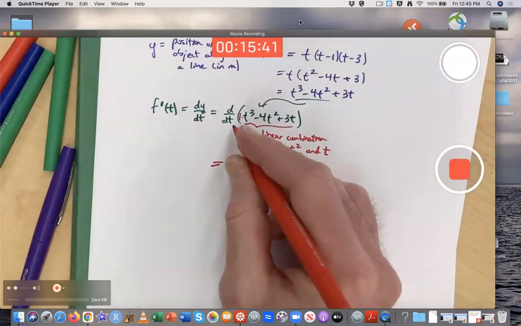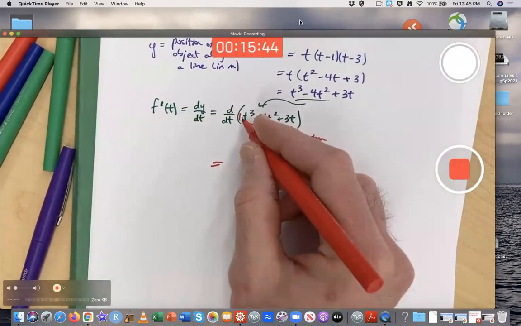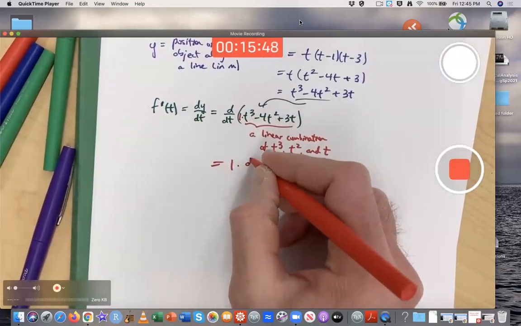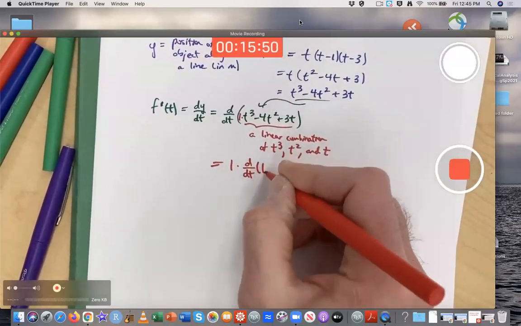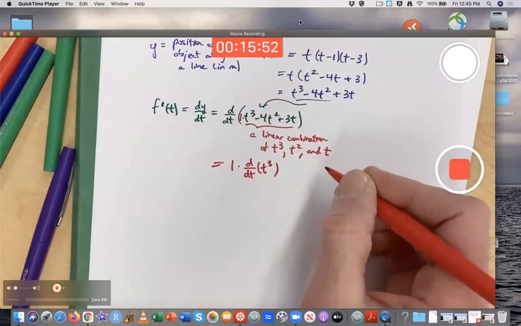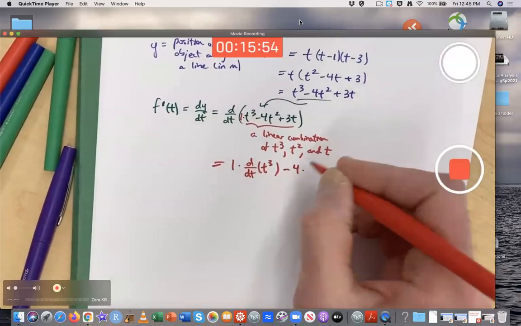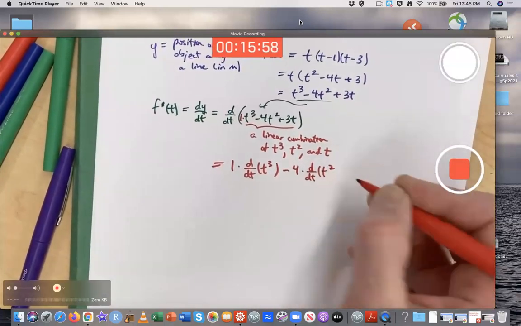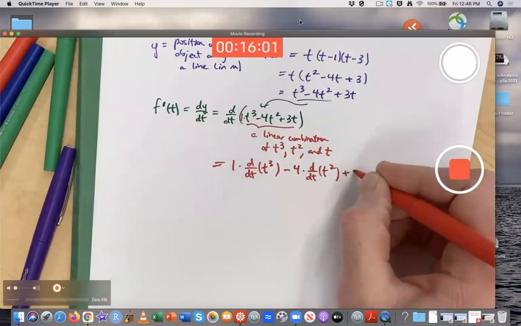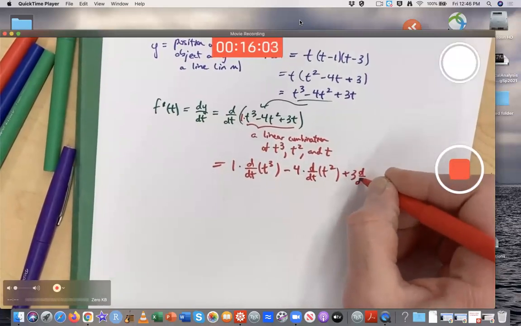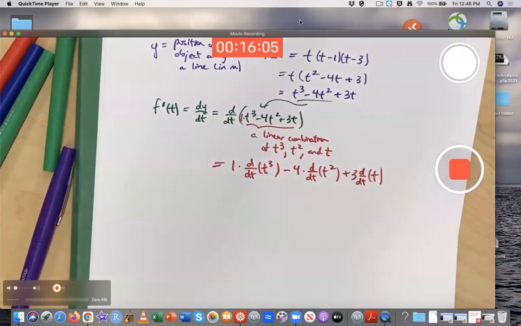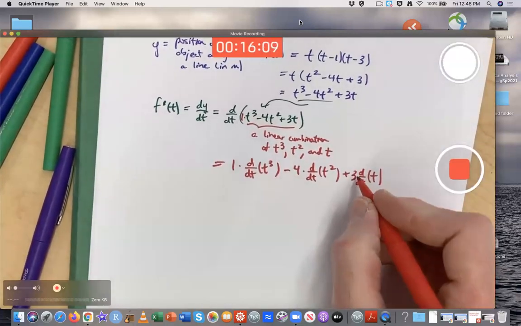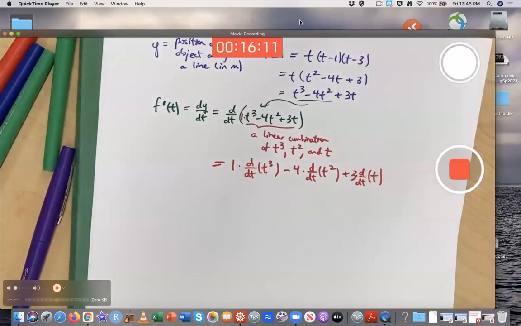It means the derivative of this is, well, the first coefficient, the first constant, 1, times the derivative of the first term, t cubed, minus 4 times the derivative of t squared, the 4 comes out in front, plus 3 times the derivative of t. Write it exactly like I'm writing. Although, yeah, you don't have to actually put the dots in there for the times, but I did.